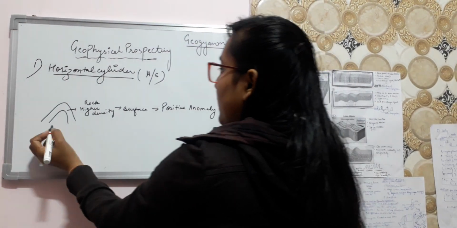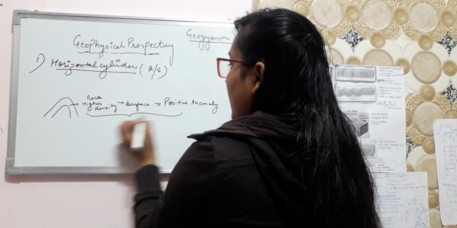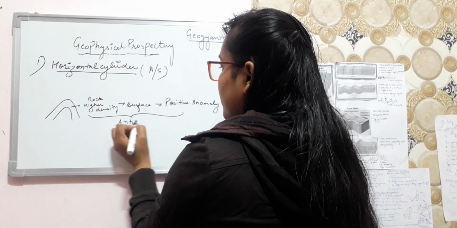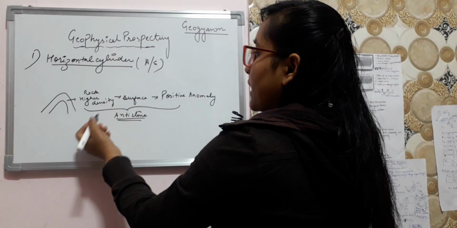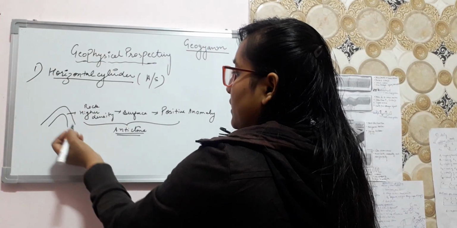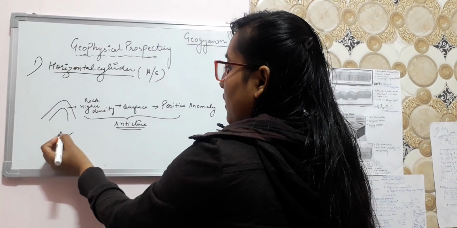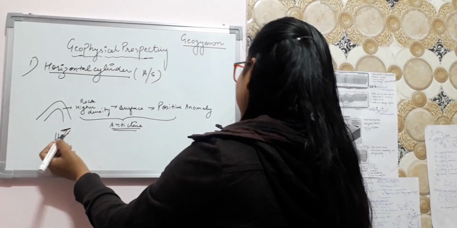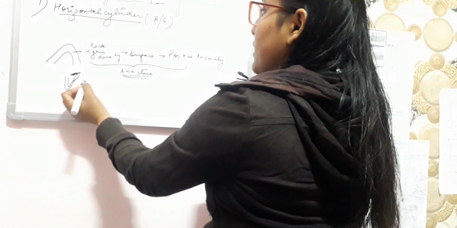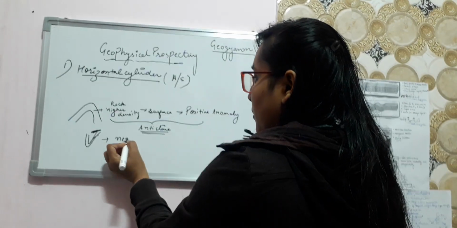And for the syncline, this case will be opposite, that the lesser density rock will come to the surface and will show a negative anomaly.